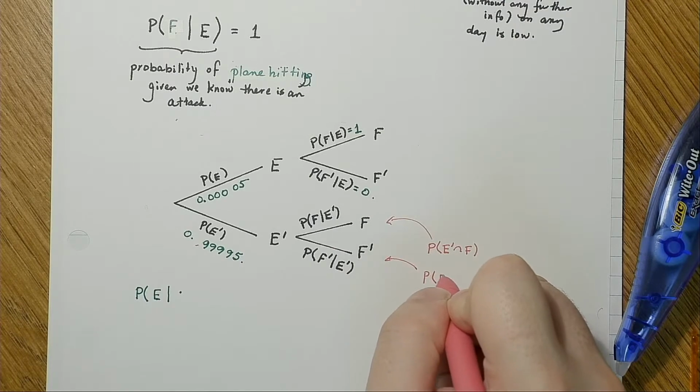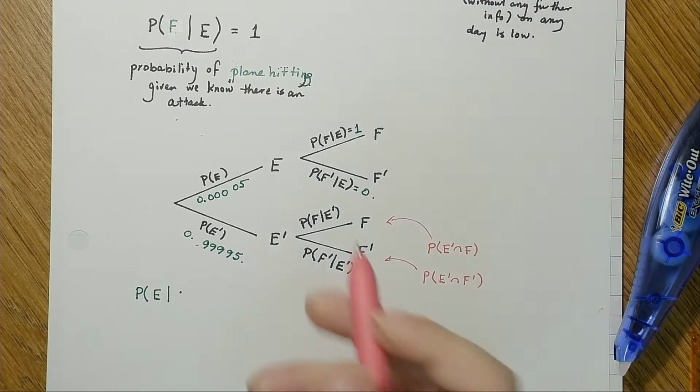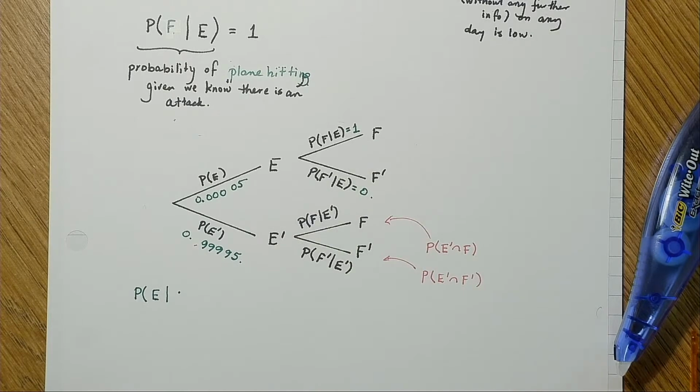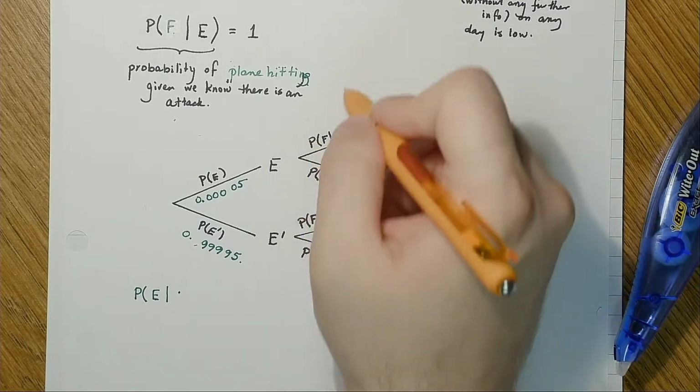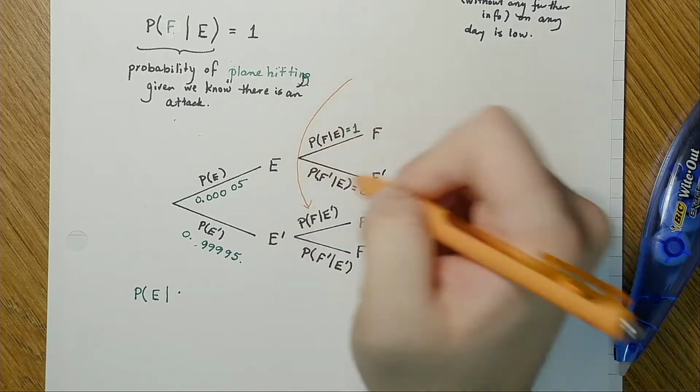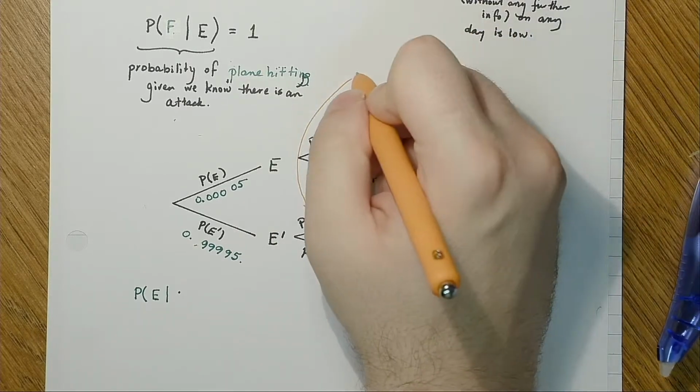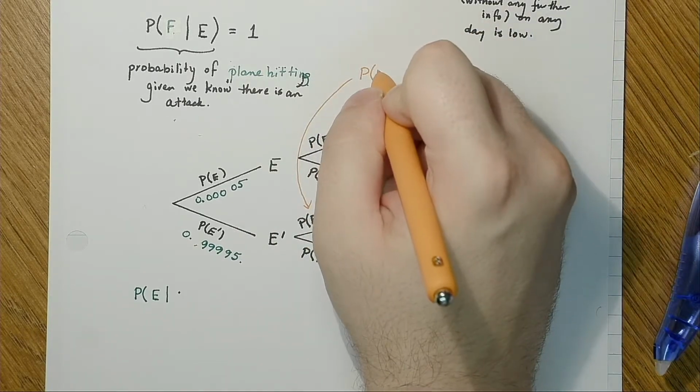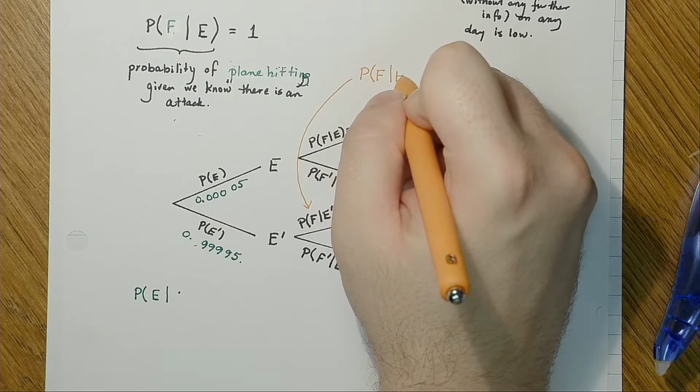Over here, this would be E prime and F prime. But let's look at this one. The probability of F given E prime.